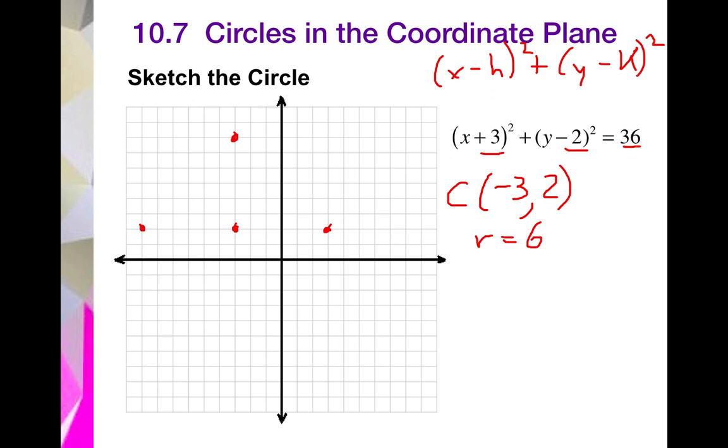And then down, 1, 2, 3, 4, 5, and 6. And then I'll just sketch my circle like that. So now I have a circle that relates to this equation by identifying the center and the radius.